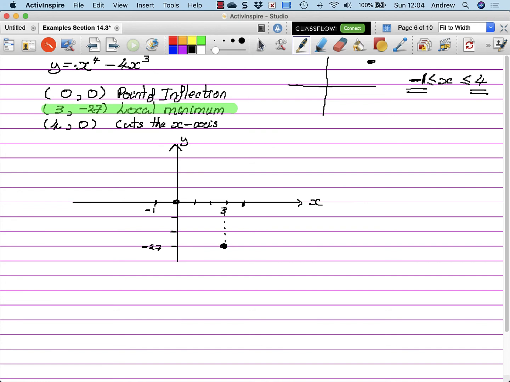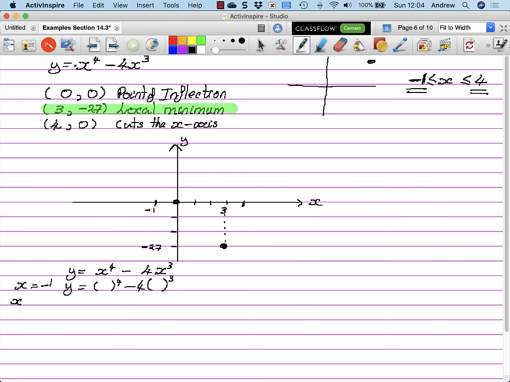So now I'm back to here, where I've got y is equal to x to the power of 4 minus 4x cubed, and I've got an input number of x equals -1, where y is equal to (-1) to the power of 4 minus 4 on (-1) to the power of 3.